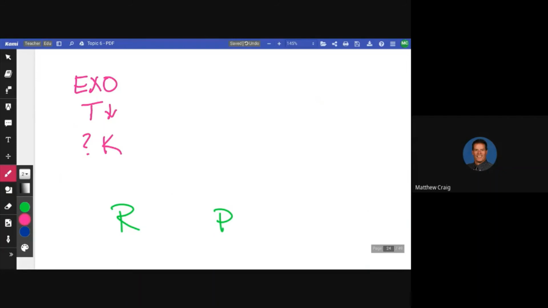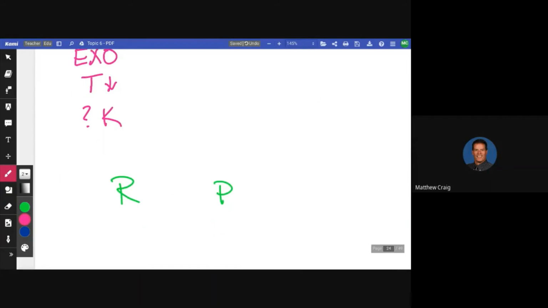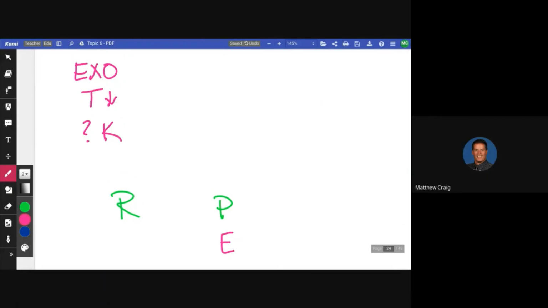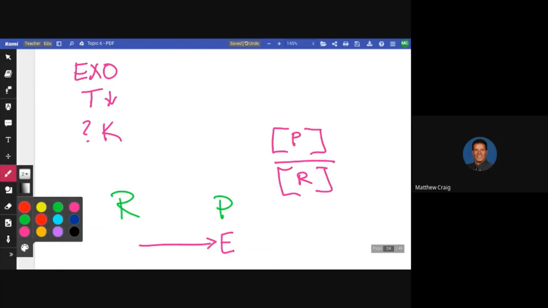So exothermic is a product, so energy's over here. Temperature's going down. So that means we're shifting toward the removal. Therefore, K, based on the shift right, products are getting higher, reactants are getting lower, K is increasing.